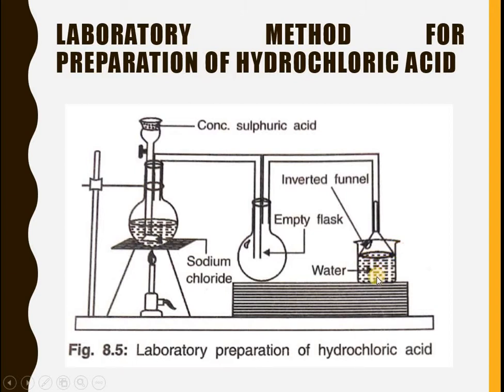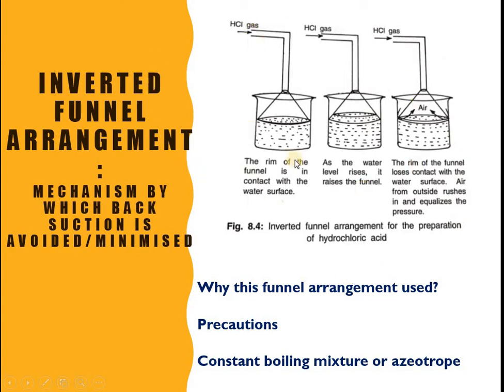So the pressure outside and inside then becomes equal, and water which had risen in the funnel falls down again. So this process continues till the water in the trough is saturated with hydrogen chloride gas, resulting in the formation of hydrochloric acid.